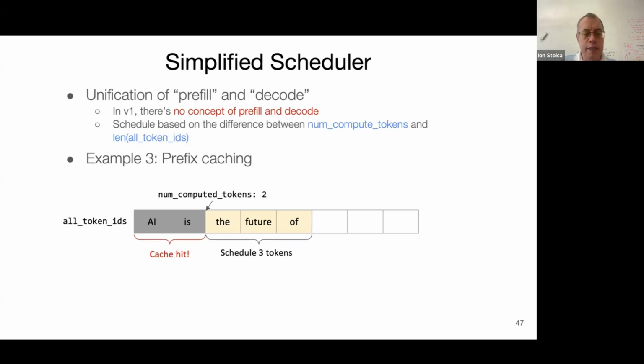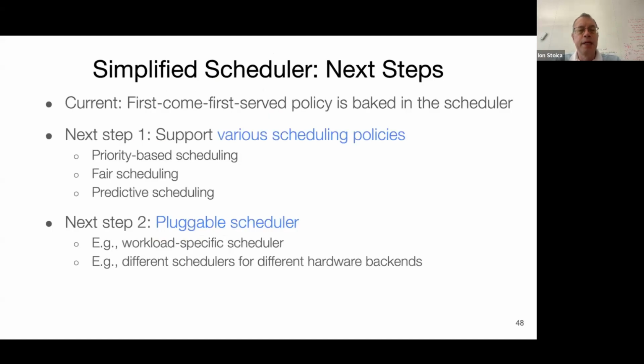For each request, you only have 2 variables: the number of tokens which have been computed so far, and the number of tokens I want to schedule. That's all, right? And how you decide the number of tokens to schedule depends on whatever you want to implement: chunked prefill, classic prefill, and things like that.